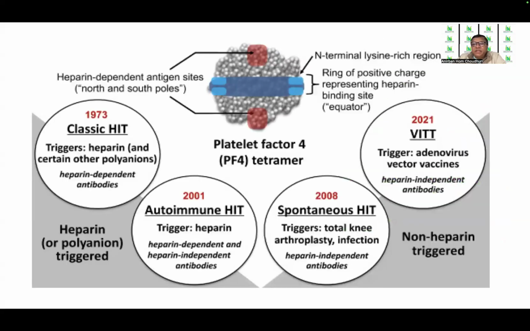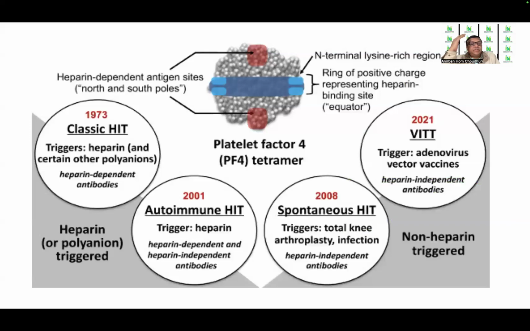So if you go by the history and try to collate the findings, the original HIT, which was the classic HIT first postulated in 1973, was triggered by heparin and certain polyanions, and there were heparin dependent antibodies.